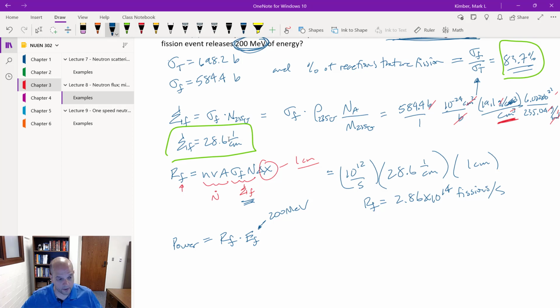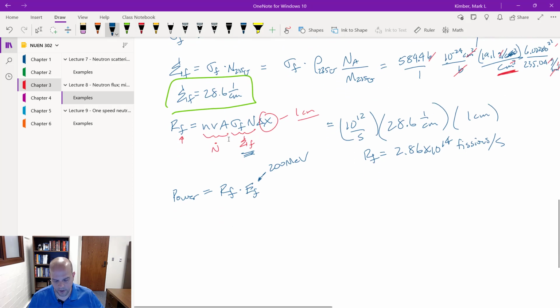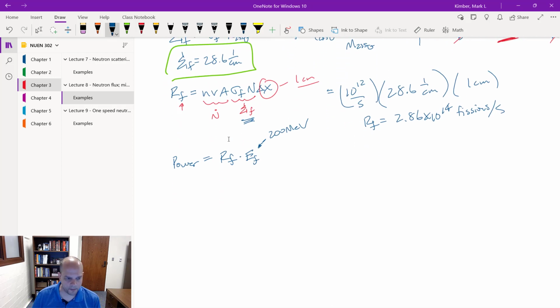Now the question of power: I take that reaction rate and multiply it by the 200 MeV. And so this is 2.86 times 10 to the 14th per second, and I know that there's 200 MeV. And I'll convert that to joules. I've got 1.602 times 10 to the negative 13th joules per MeV.